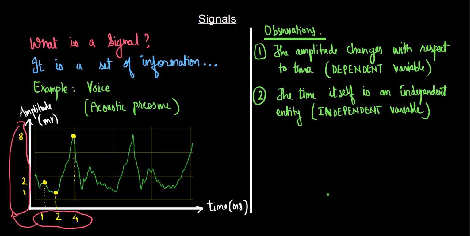So let me write that. A signal is a mapping between independent and dependent variables.